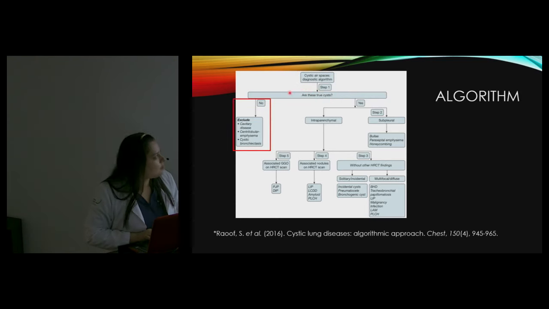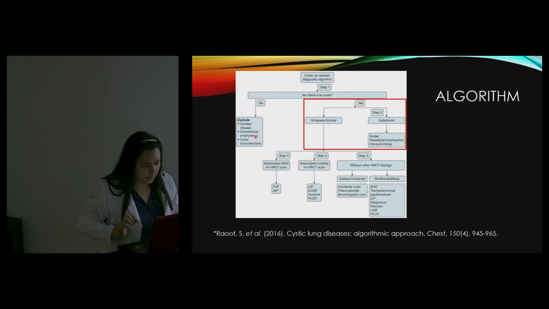If they are not true cysts, we must exclude diseases like cavitary disease, cystic bronchiectasis, or centrilobular emphysema. But if they are true cysts, then we must differentiate them between intraparenchymal or subpleural. And among the subpleural cystic lesions, we must describe bullae, honeycombing pattern, or paraseptal emphysema.